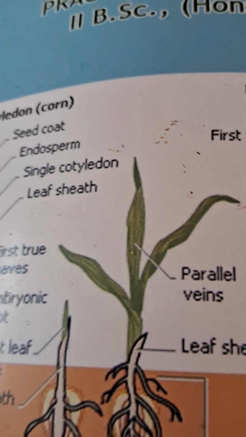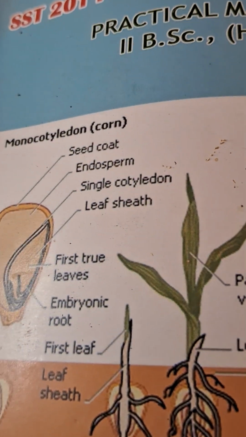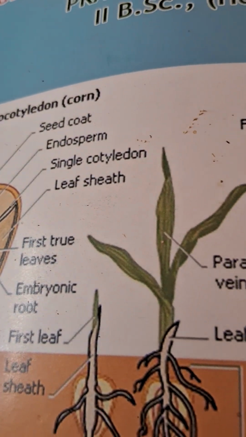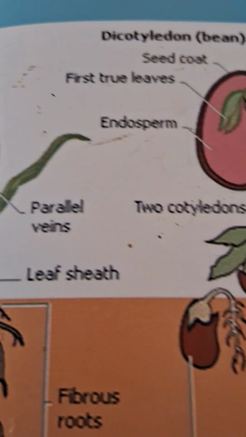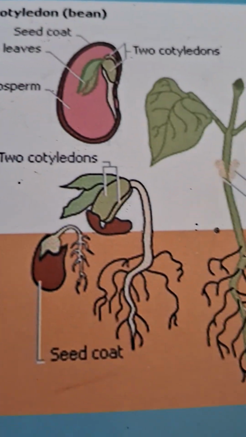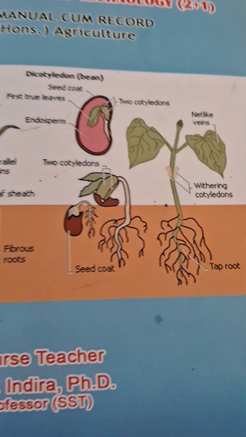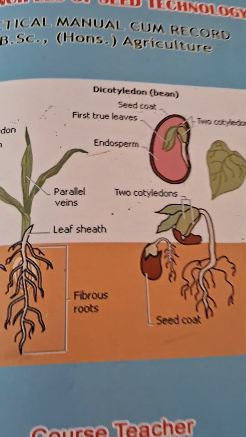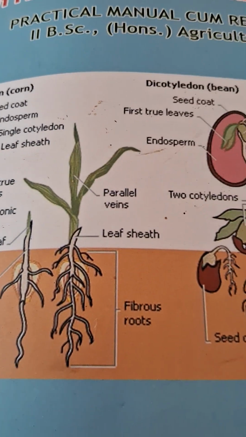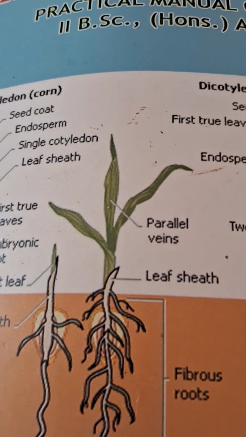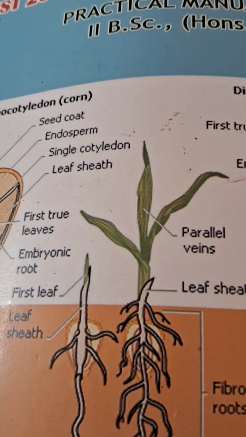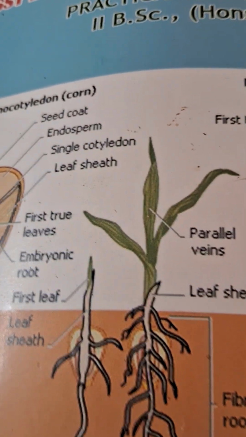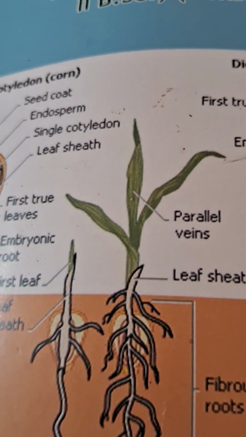What is seed? Seed is a fertilized matured ovule. It is a fertilized matured ovule which contains a matured embryo and endosperm. So those parts are included in the seed. Seed is a fertilized matured ovule.